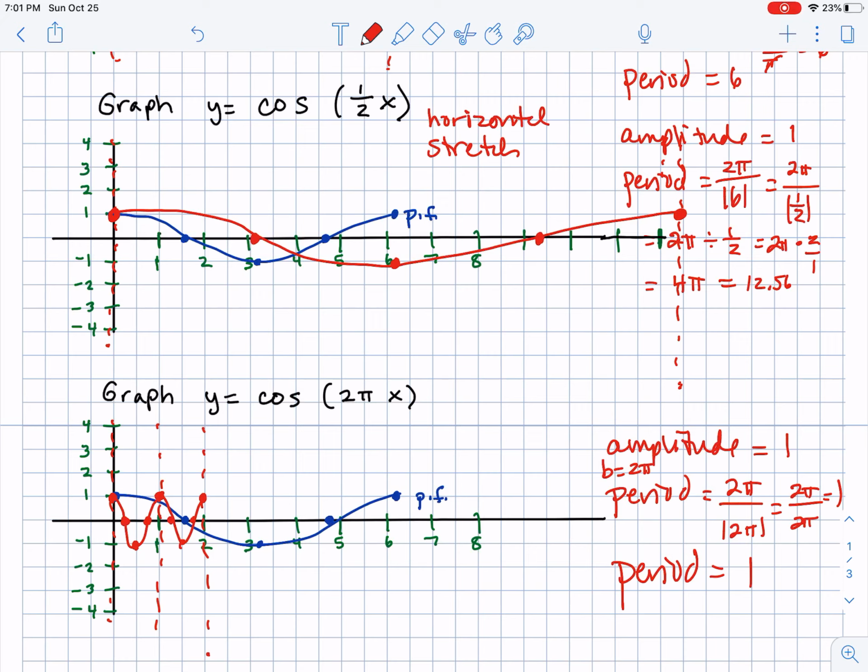Well, if I went from a period of 2 pi, which is 6.28, and now my period is 1, that is a horizontal compression of 2 pi. All right, so that's how you're going to deal with your horizontal stretches and compressions. It is going to give you a period change, and you always want to take care of that period change first.